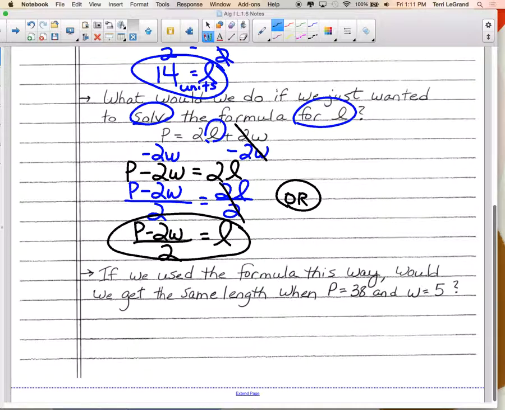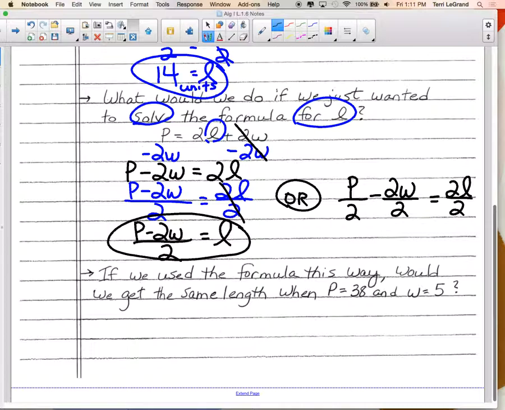So instead of dividing the whole side by 2, remember the rule for if you divide or multiply, you do it to every piece. So we would give the P its own dividing by 2. We would give the 2W its own dividing by 2. We would give the 2L its dividing by 2. We could have done it that way.